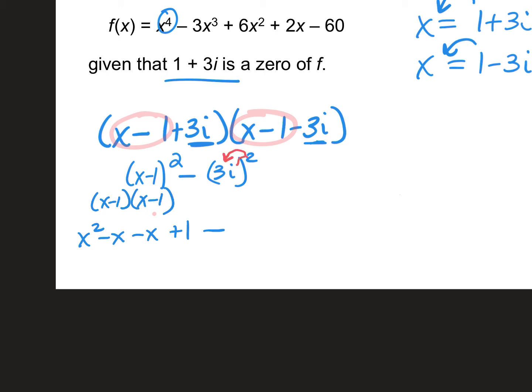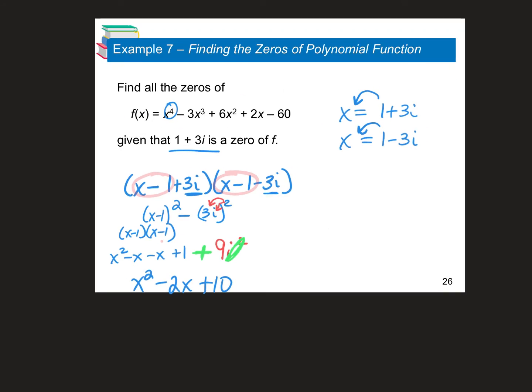Goes to the number and to the i. So when you square 3, what does it become? 9. And then I have i squared. When you guys see i squared, what do you do? Cross it off and change the sign. So let's combine like terms. I have what? X squared minus 2x plus 10. All right, that's part of the problem.